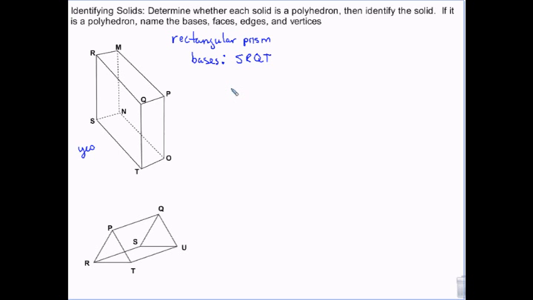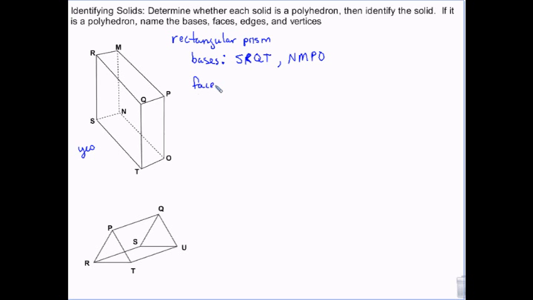You can go either direction, just around the outside. And then if I start with N, I can go NMPO, or I can go NOPM. Yeah, the two bases. No, that's an R. Sorry.